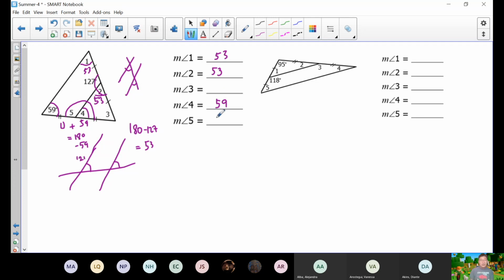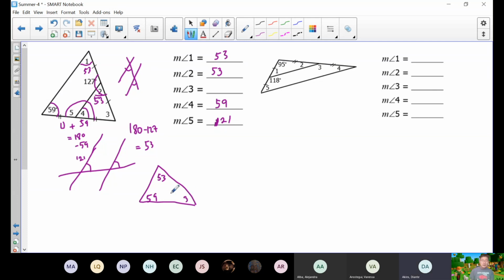So angle 5 is 121. Now how to get angle 3? Think about it, guys. I'll pick only the big triangle. The top one is 53. The bottom one is 59. We want to get this angle 3.